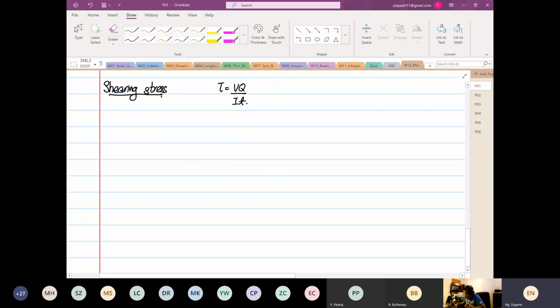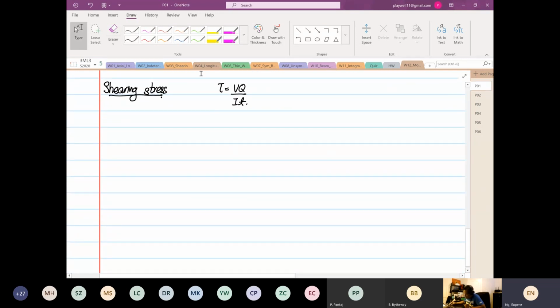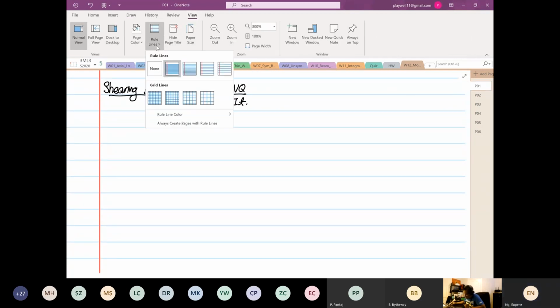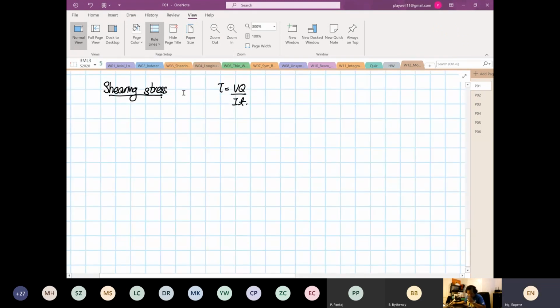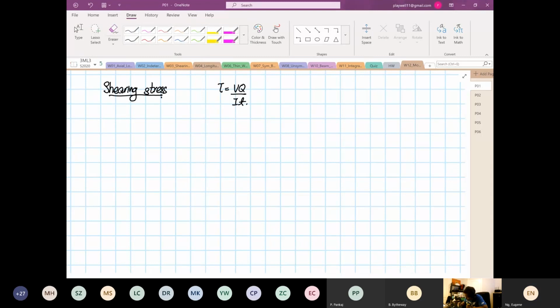So if we look at shearing stress, shearing stresses are stresses acting parallel to the surface.